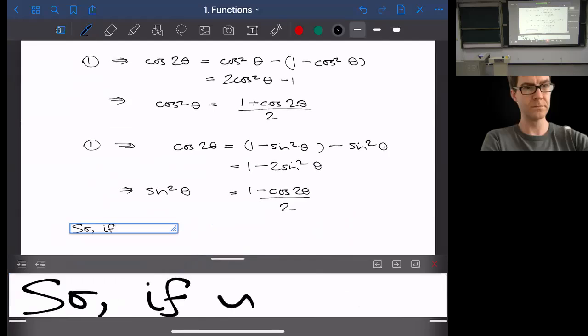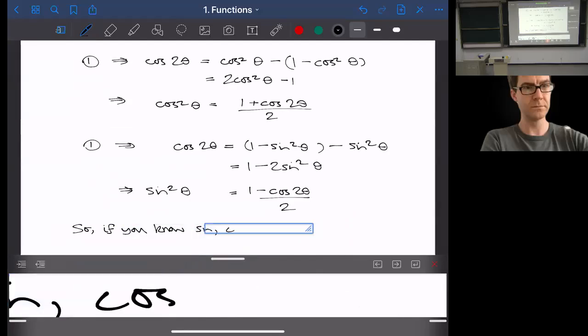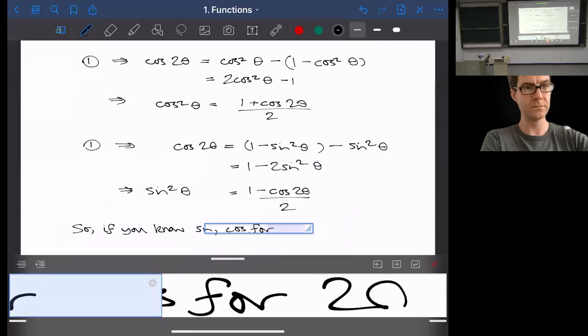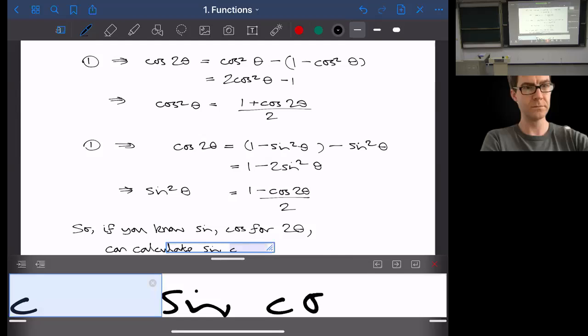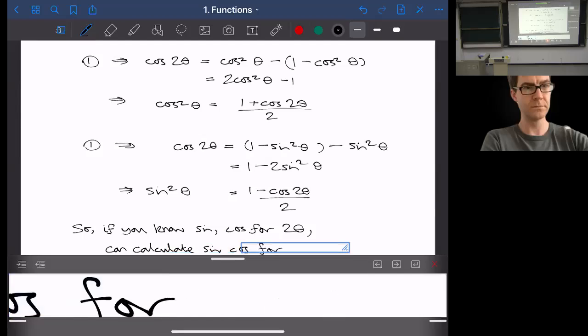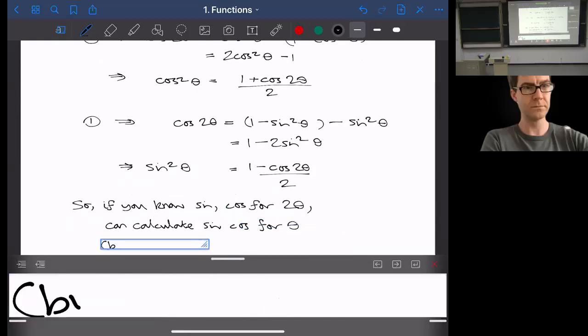So if you know sine and cos for 2 theta, you can calculate sine and cos for theta by taking a square root.